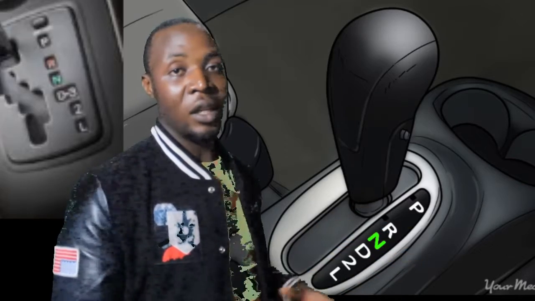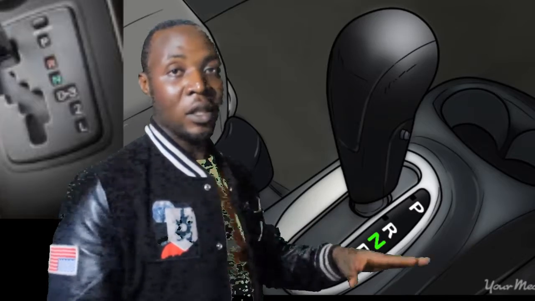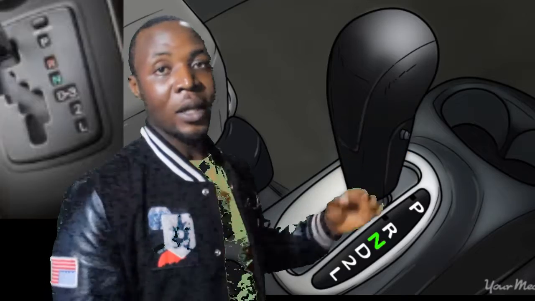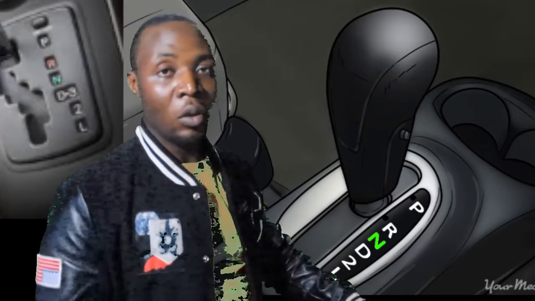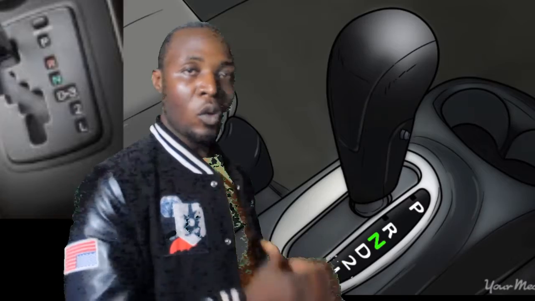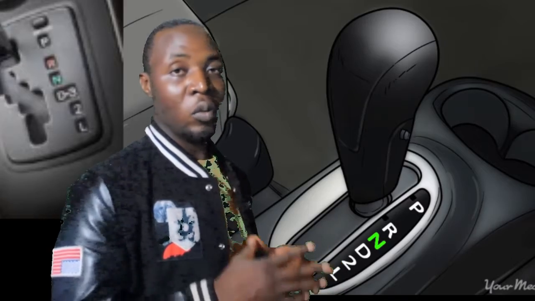The gear will not be changing, unlike when you are driving in D, because in D, as you increase the level of accelerator, the gear will change automatically. When you reduce the level of acceleration, the gear will also reduce. But with 3, you are driving at a constant speed and only on 1 gear.